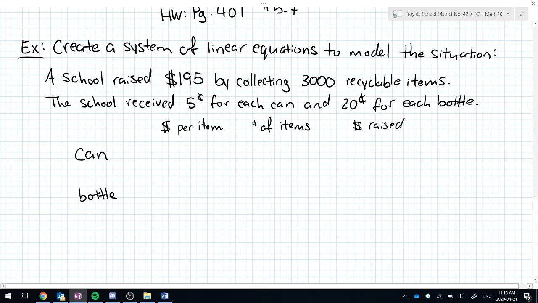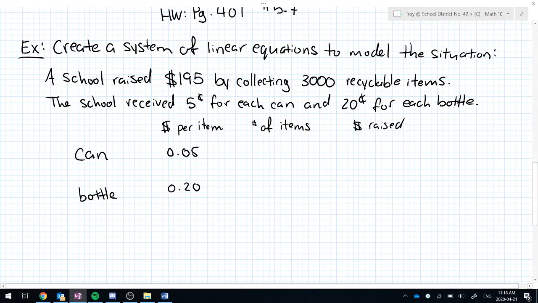We know it's going to be 5 cents a can and 20 cents a bottle. For the number of items, we don't know yet. We weren't explicitly told how many of each we got, so of those 3,000 items, we don't know how many cans and how many bottles we had.